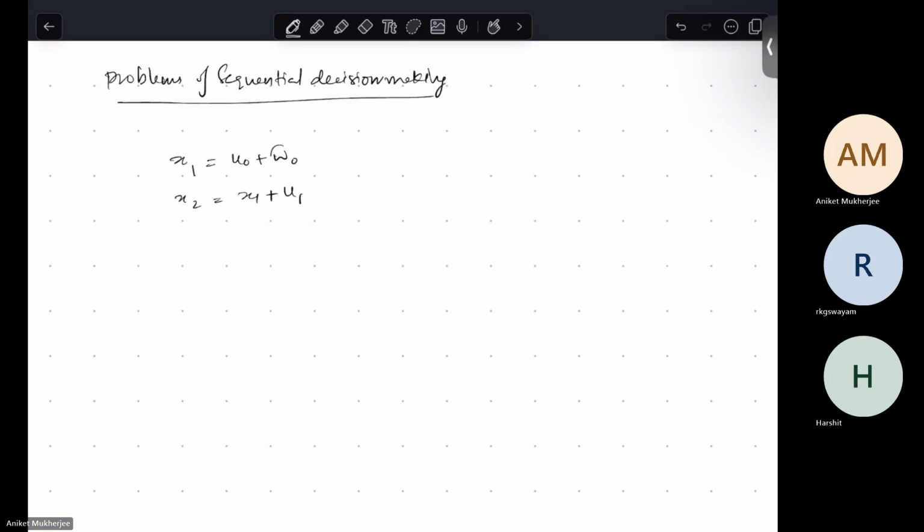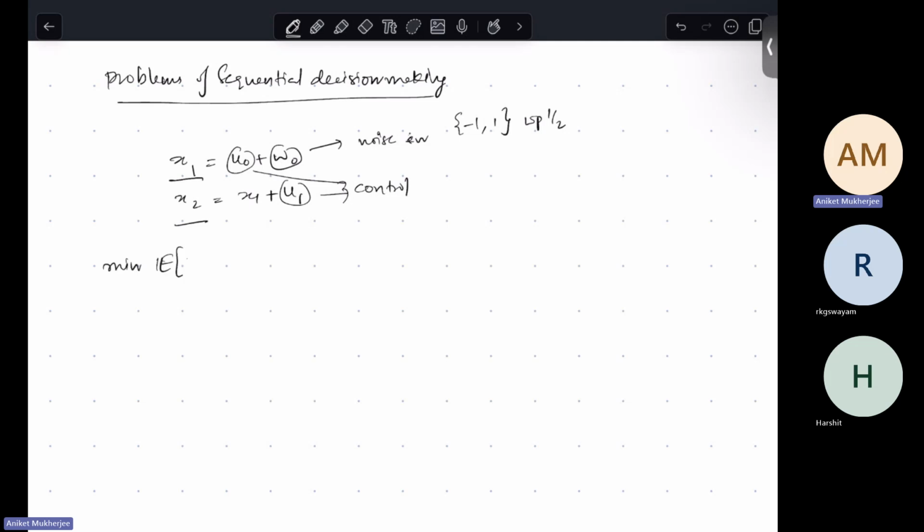W0 was the noise in the system, and it had a distribution of -1, 1, with probability half in both the cases. U0 and U1 were your control variables. You could control them. X1 and X2 were the state. You were asked to minimize the expected absolute value of X2.